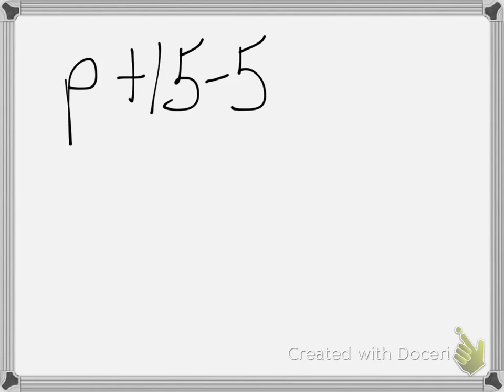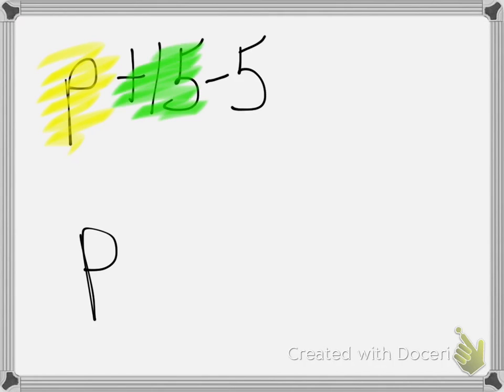Now this is one that students generally get tricked on very easily. I have P right there. It's my only letter. It'll come down by itself. I've got 15 and I've got minus 5. Those two both do not have a variable and do not have an exponent.